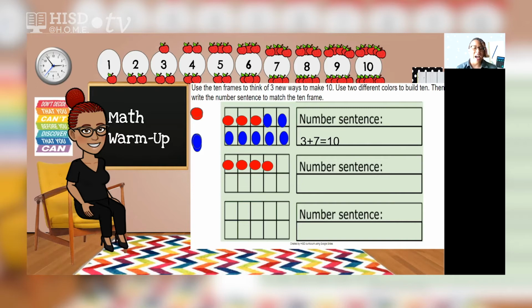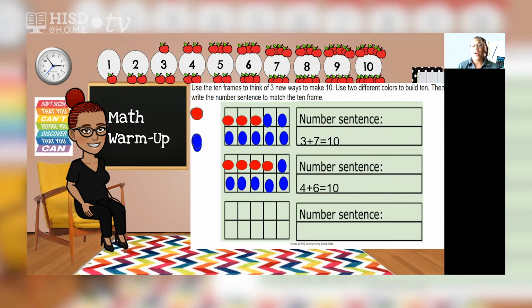You guessed it, I'm going to add 6 blue counters to create the number 10. So my number sentence should say 4 plus 6 equals 10. Give yourself a pat on the back. And let's try one more.